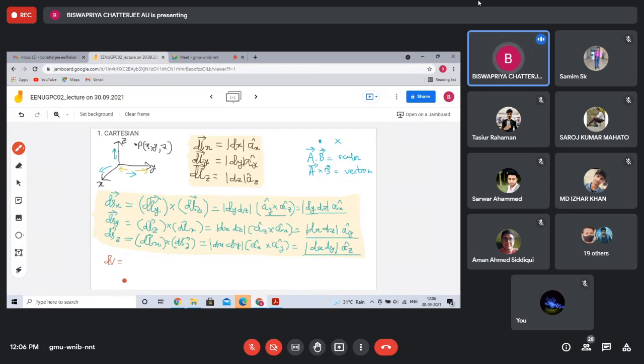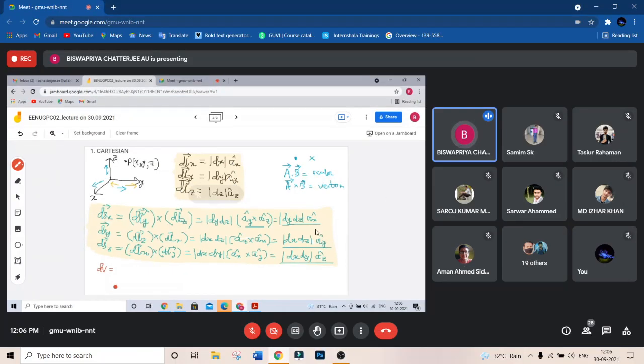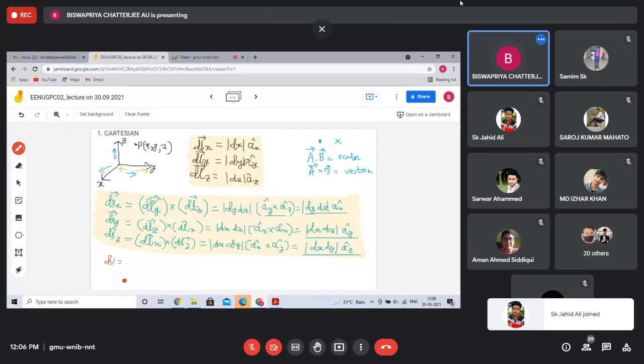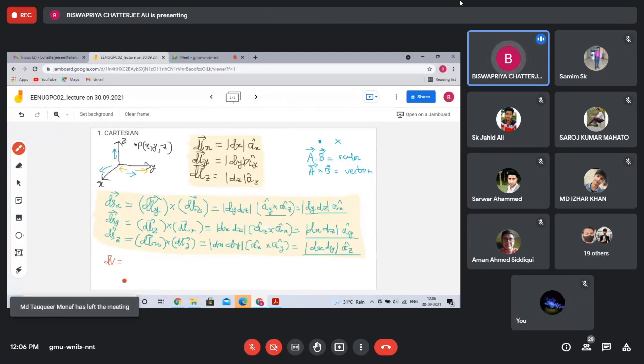Volume is a scalar quantity because if you choose any volume, it has no direction to move. If you move it in any direction, that means a particular surface is moving, but not that volume. So dv is a scalar quantity.